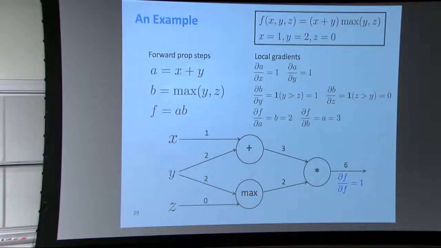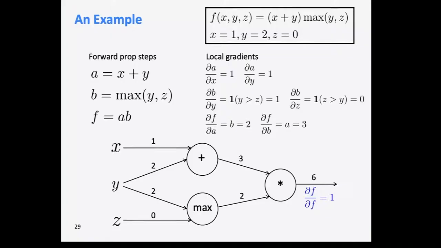So we start at the top. The partial of f with respect to f is 1, because if you move f by a tenth, then you've moved f by a tenth. So that cancels out as 1. Okay, so then we want to pass backwards. The first thing we have is this multiply node, and we know its local gradients.